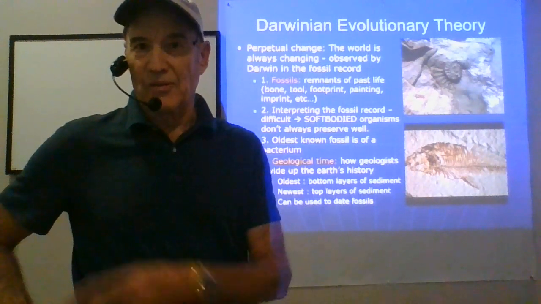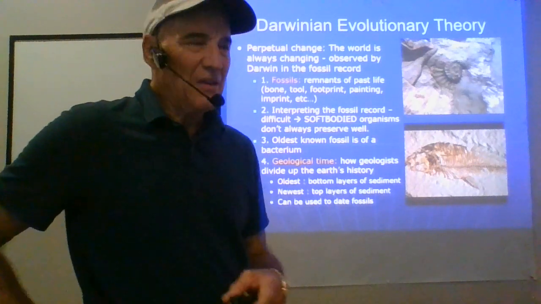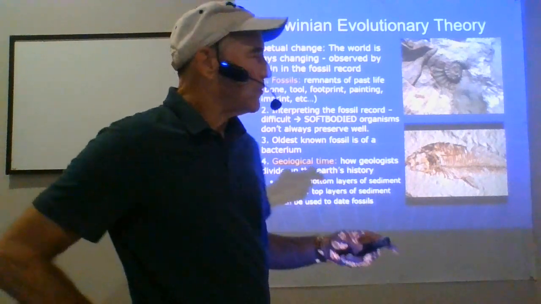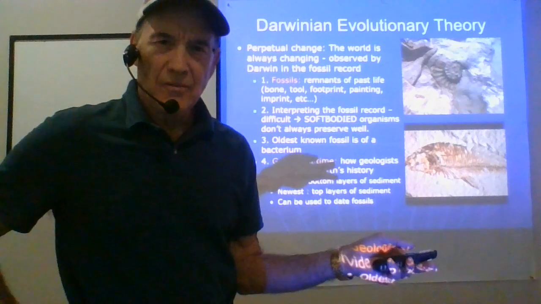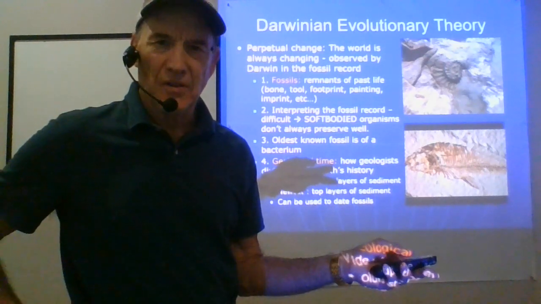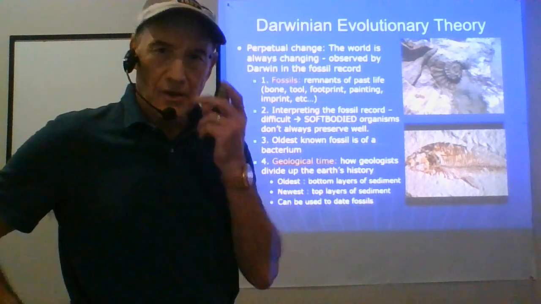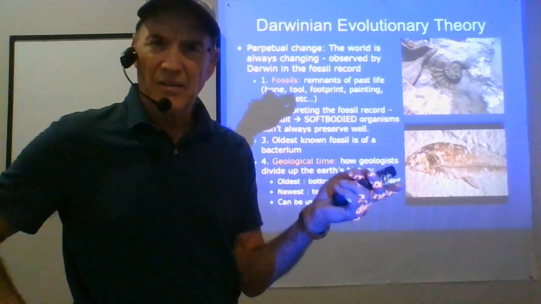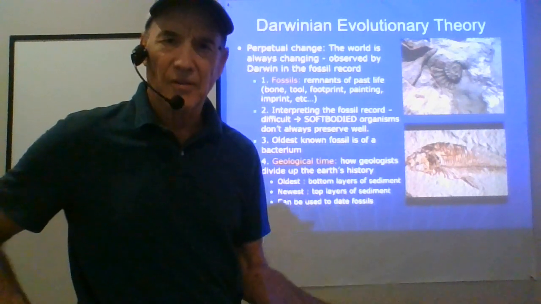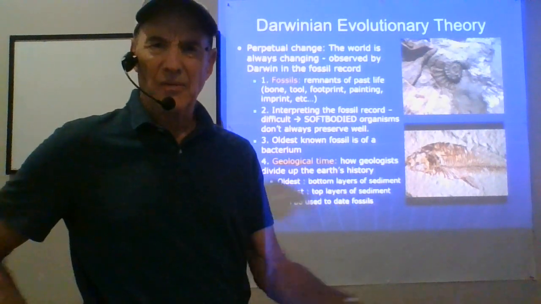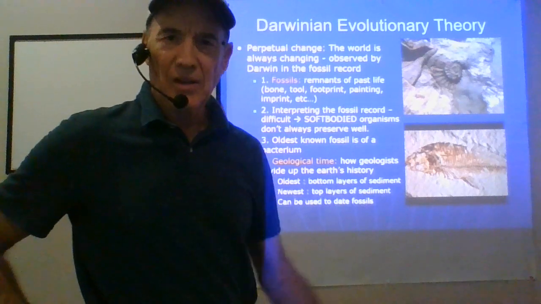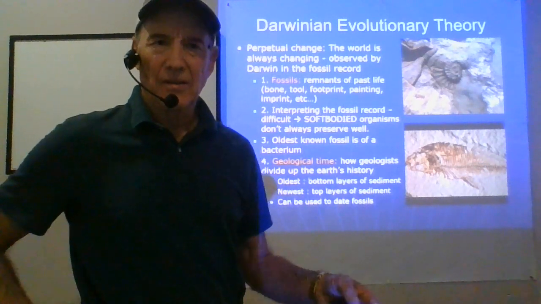Tortoises are on land, turtles are in the water. The ones in the fossil remains are a little bit different from the ones that are currently alive. They're both tortoises, this one and that one, but it's changed. It's changed over time. It's evolved.